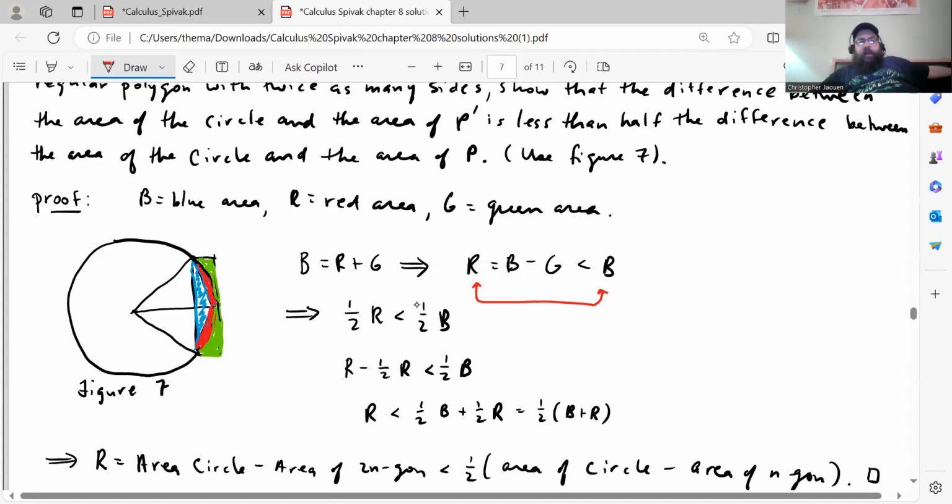So that shows that the red area is less than half of the circular area over there, or the area of that circular sector.